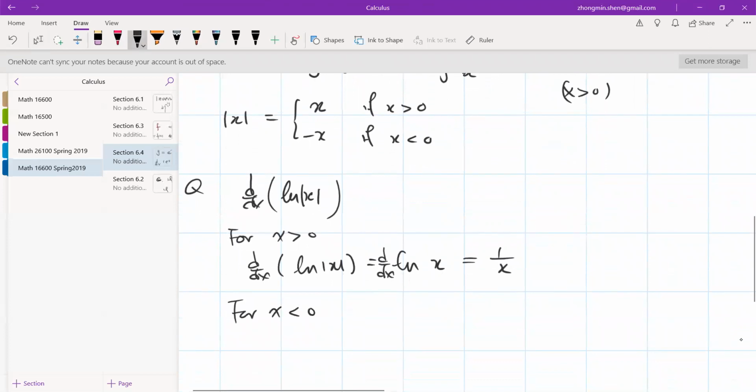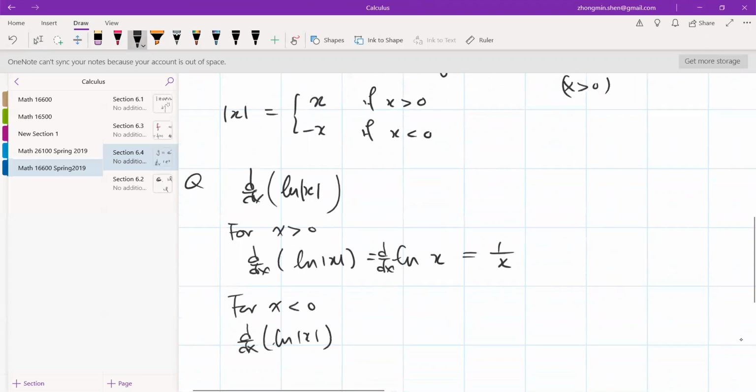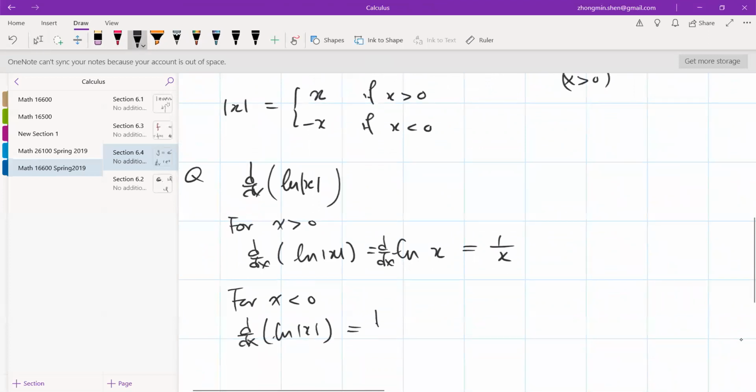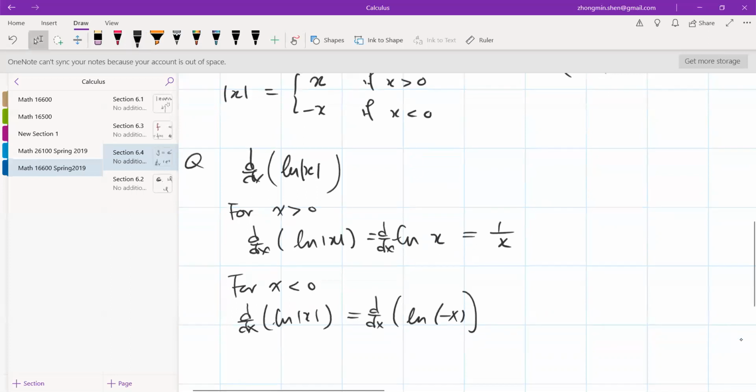For x negative, the function is natural log of negative x. This is still defined, because negative x is positive, so it's defined.